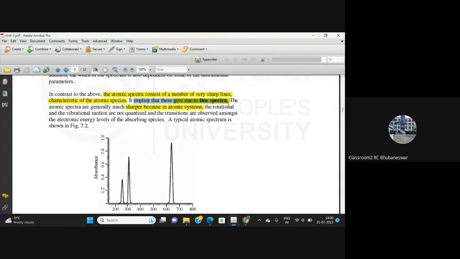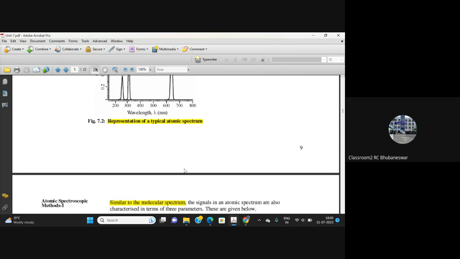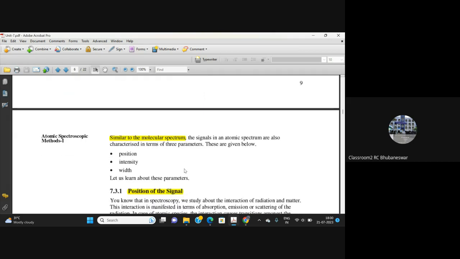The atomic spectra are generally much sharper because in atomic systems, the rotational and vibrational motions are not quantized, and the transitions are observed among the electronic energy levels of the observed species only. So this is a characteristic atomic spectrum. Generally, these are sharp peaks in absorbance versus wavelength. You are getting the sharp peaks here. This is the atomic absorption spectrum.